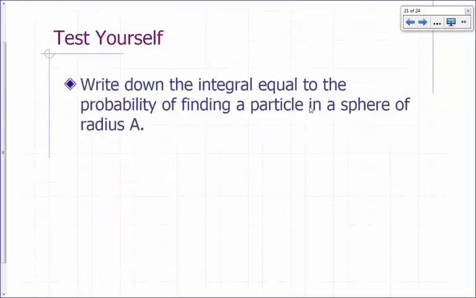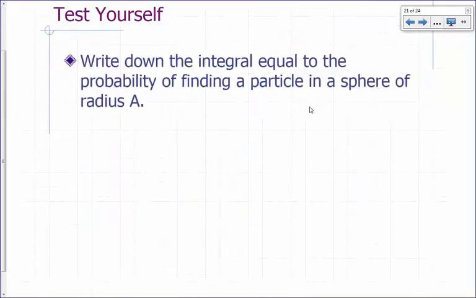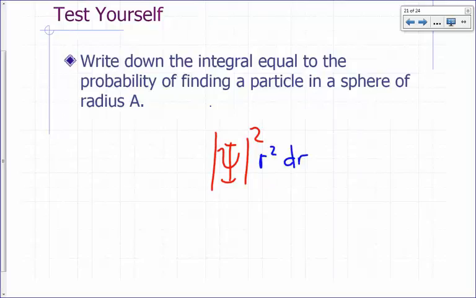All right. So let's apply that to a couple of questions here. Write down the integral equal to the probability of finding a particle in a sphere of radius a. So what do we need to do? We need to integrate psi squared. We multiply it by r squared and then integrate over r from r equals 0 to a. That's the radius of the sphere. And then we integrate over theta.